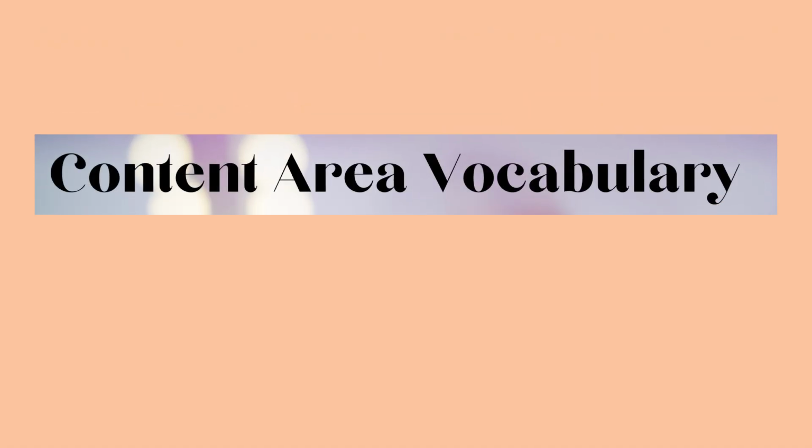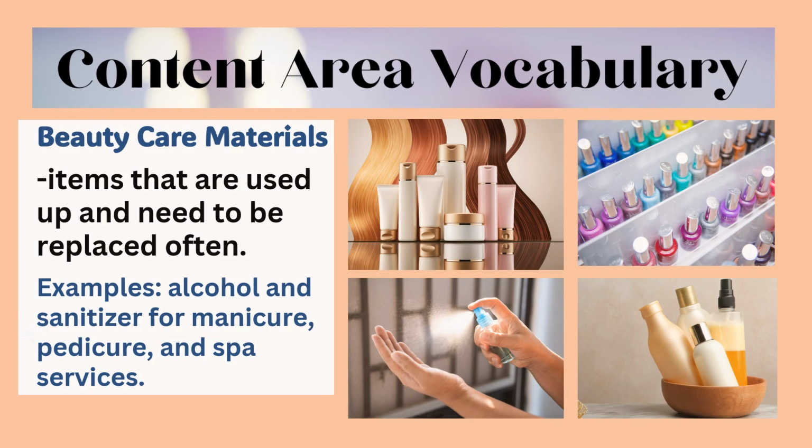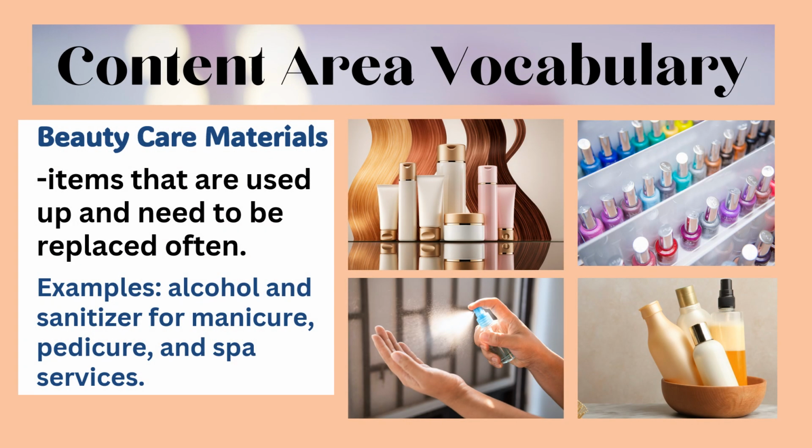The following are the content area vocabulary for this lesson. Beauty care materials: items that are used up and need to be replaced often. Examples: alcohol and sanitizer for manicure, pedicure, and spa services.